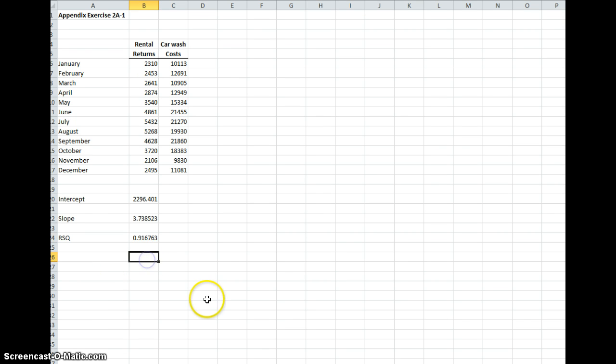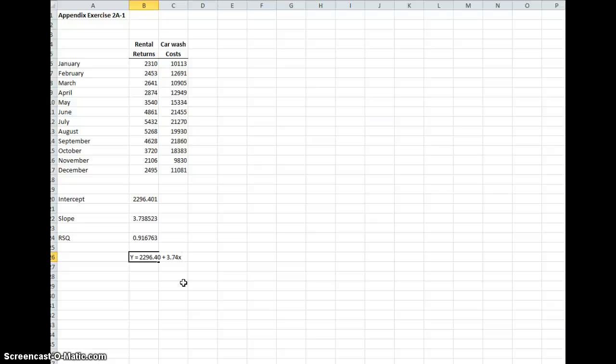Therefore, our equation is as such: y equals 2296.40 plus 3.74x. Therefore, the total cost, as this company would like to know, they would like to know the cost of operating the car wash is related to the number of rental returns, and we therefore can predict the total car wash cost going forward based on the number of rental returns.